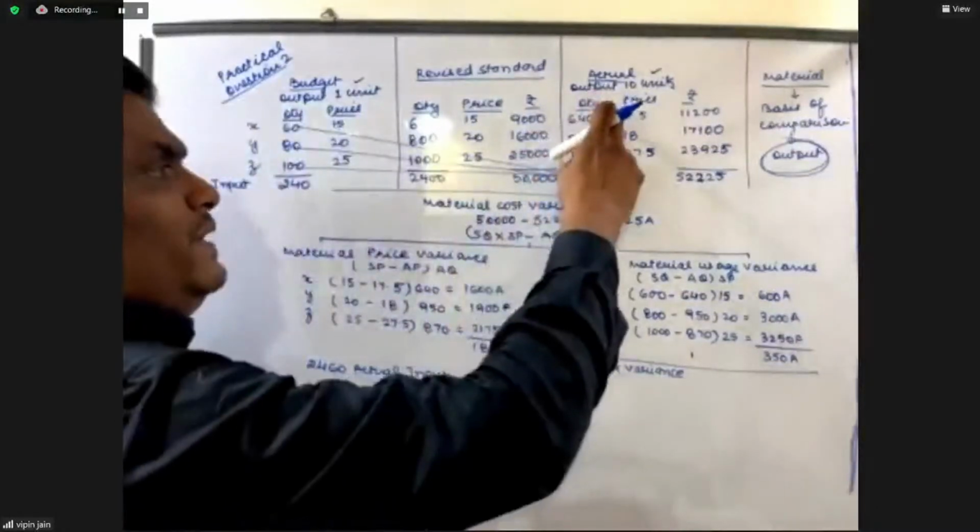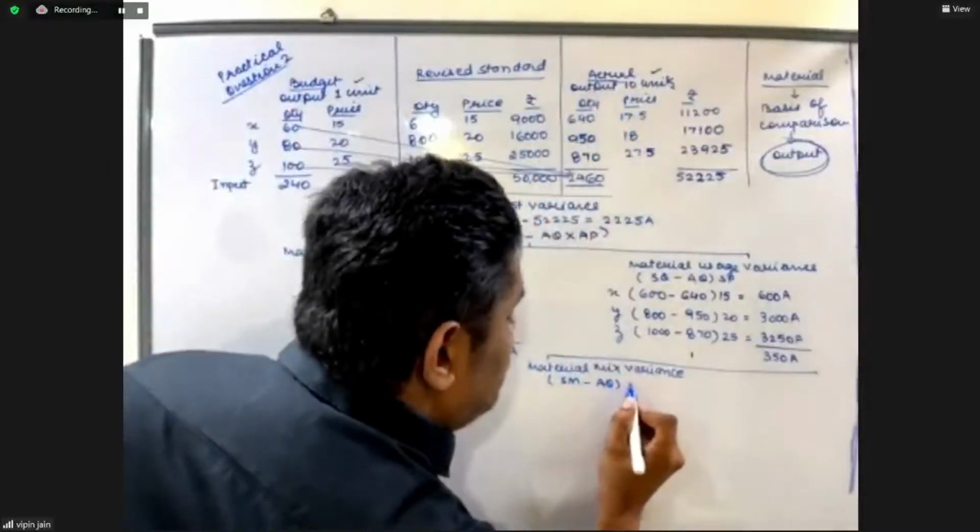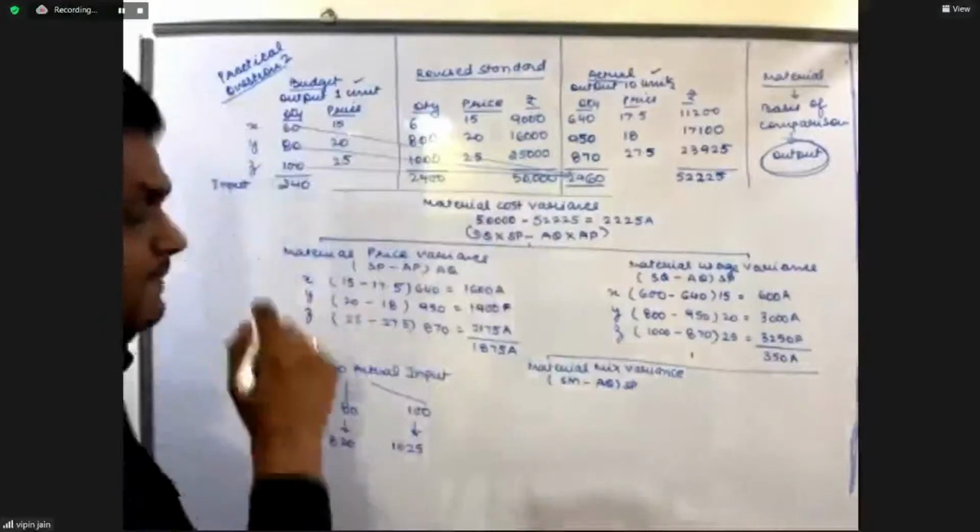Minus my actual mix is 640, 950 and 870. So actual quantity minus standard mix, into my price.